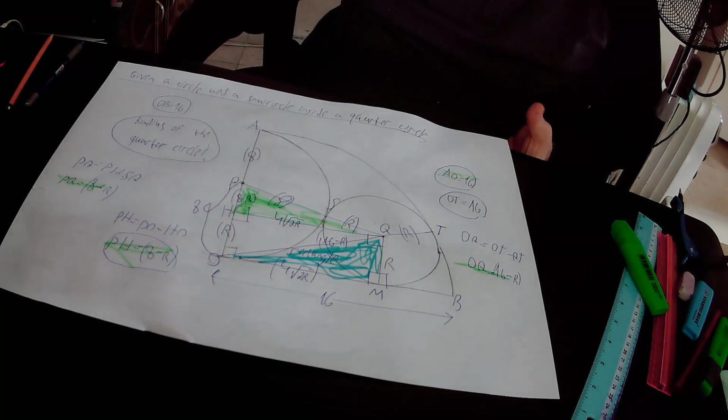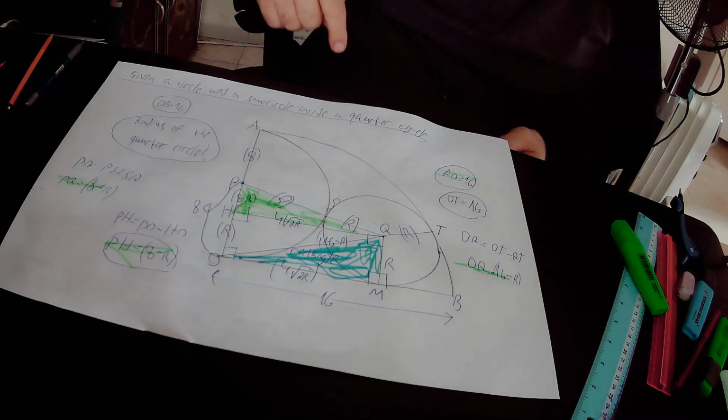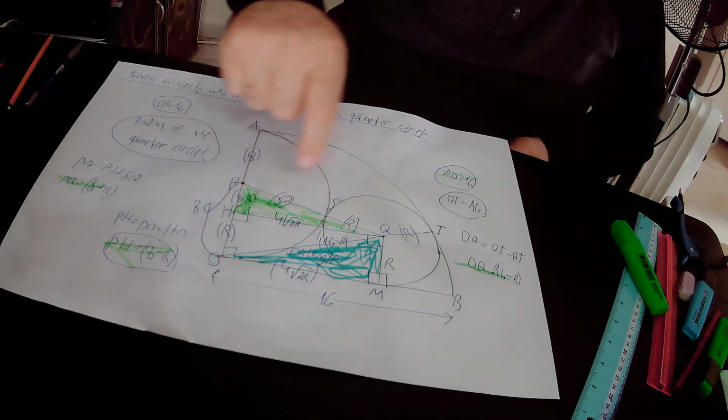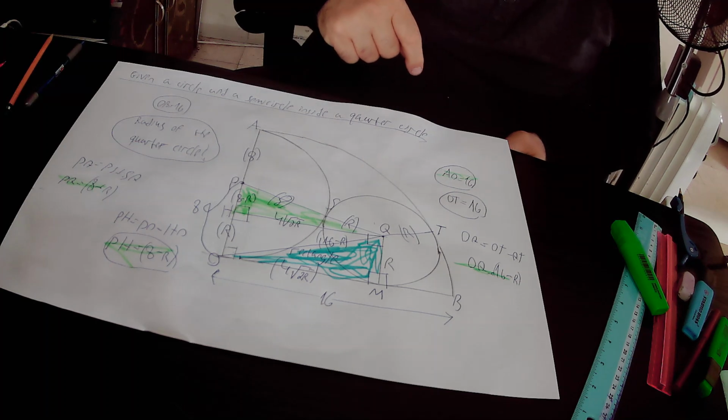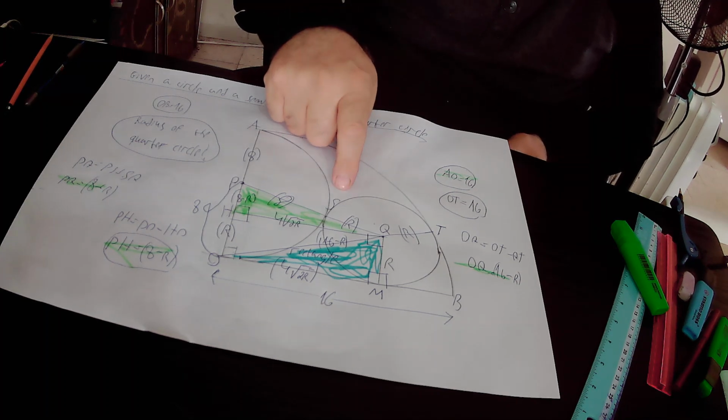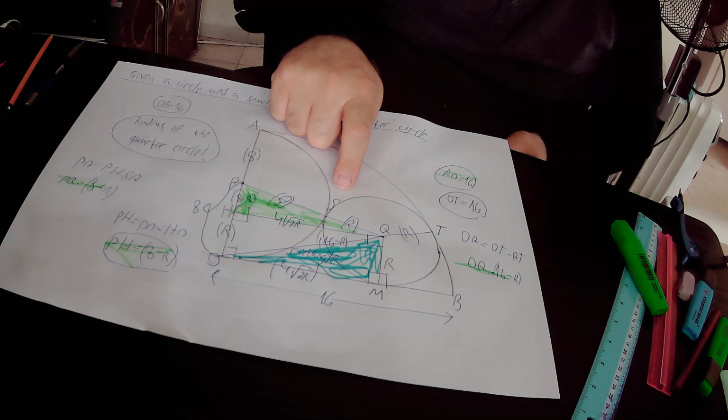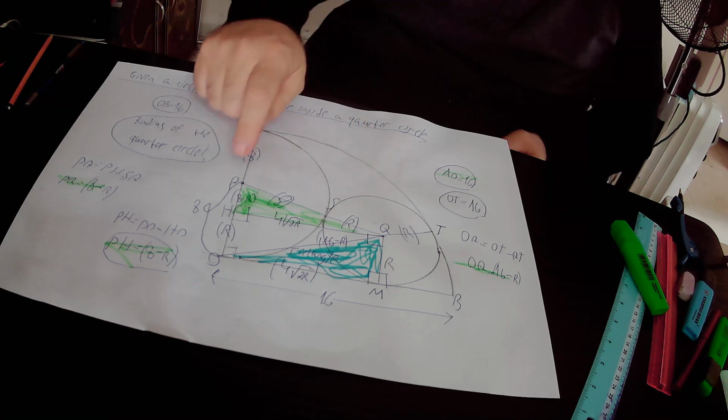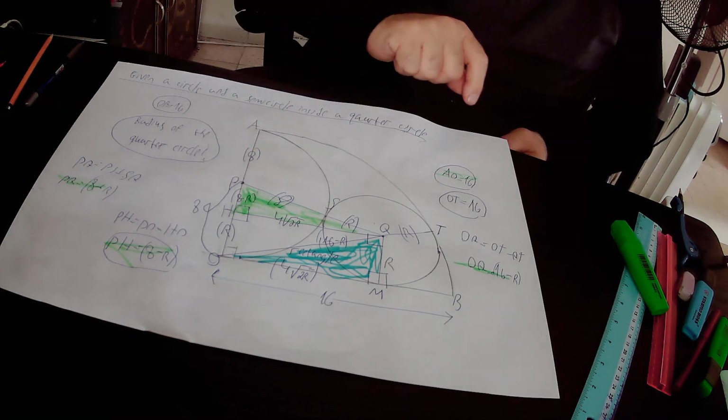So in the diagram we have an internal tangency between the semicircle and this small circle. That is to say, they are touching each other internally at point S. And according to rule 9, whenever you have a tangency between two circles, the straight line that connects their centers together must pass through their touching point.